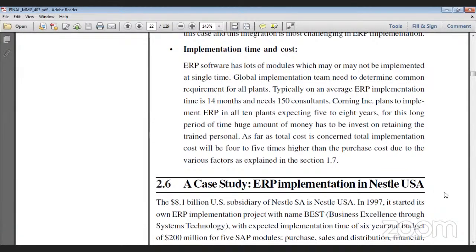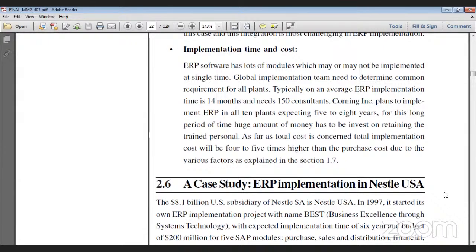In 1997, Nestle in the USA started an ERP implementation project named BEST, that is Business Excellence through System Technology, with an expected implementation time of 6 years.